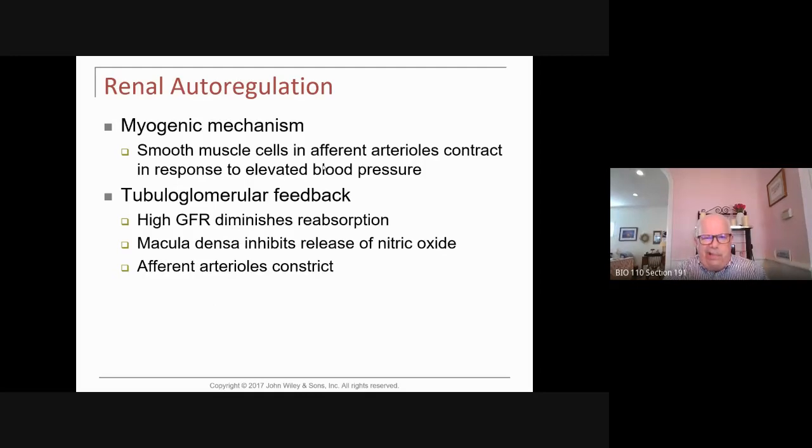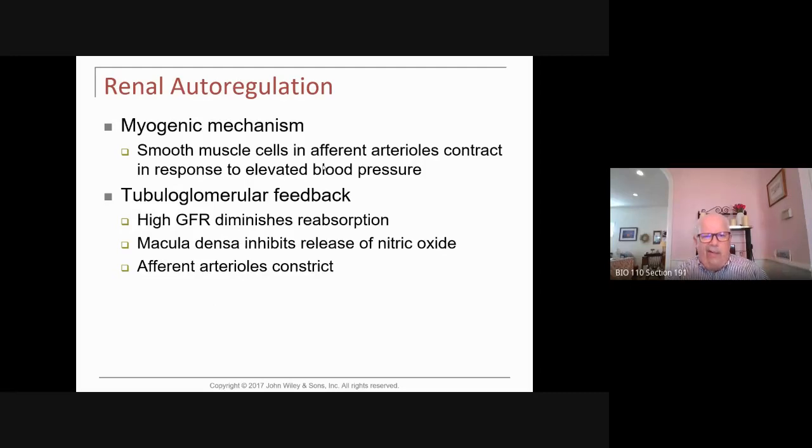The kidneys themselves have smooth muscle cells in the afferent arterioles, the arteries that take the blood inside the kidney. And they respond to elevated blood pressure. If your blood pressure is elevated, these smooth muscle cells will constrict the arteries and will lower glomerular filtration rate.